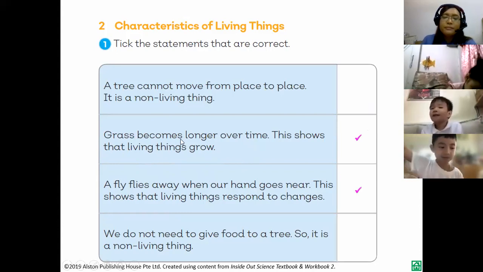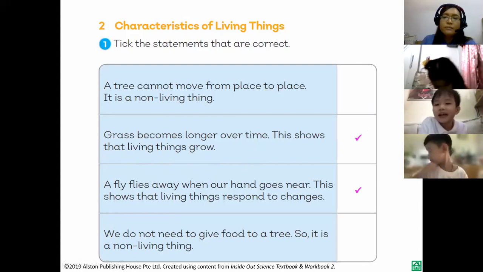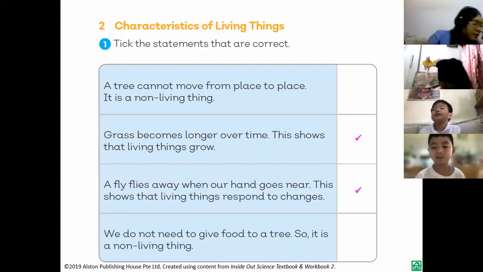Okay, Otto, can you read the second statement? Grass becomes longer over time. They show that living things grow. Okay, very good. Kampi, read statement number 3.